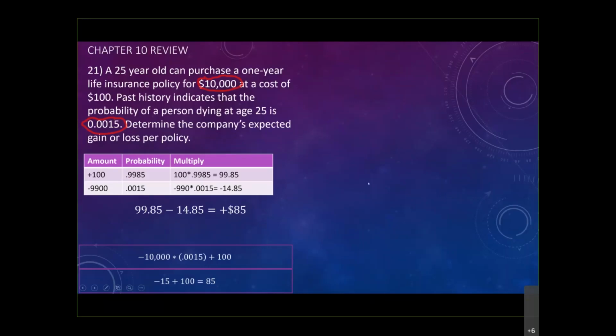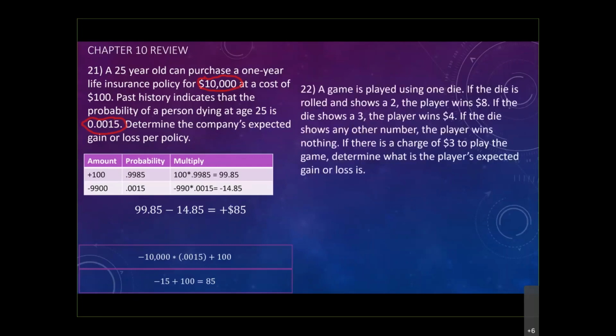So let's attack this problem here. I know you say, wait a minute, Mr. Tran, this problem is nothing like the one I showed you in the beginning of class. But let's take a look, because this one is very close to the one that we saw in the beginning of class, right? They're changing the story and the numbers on you, but what they have is a game played using one dice.